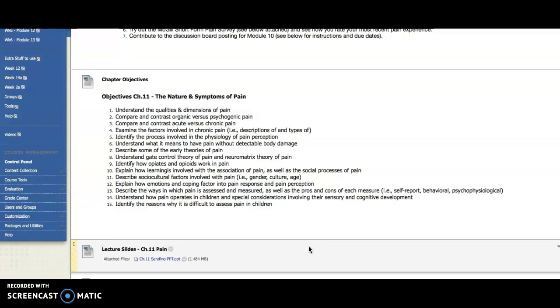We'll look at gate control theory of pain and the neuromatrix theory of pain, which is a little more complex and involves nerve pain. Then we'll look at how we treat and process pain, identifying how opiates and opioids can work in pain, and looking at how learning is involved in the association of pain.